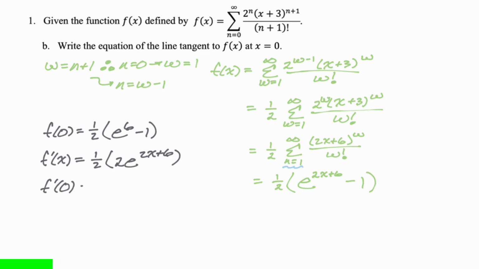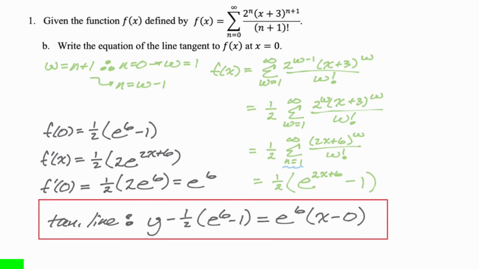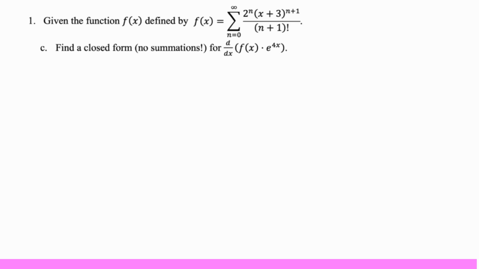If we plug in 0, we just get 1/2 times 2e to the 6th, which is an enormous slope, e to the 6th. This thing is insane. It's almost vertical at this point. And then we would just write our tangent line, which is y minus the y value, f of 0, equals the slope, f prime of 0, times the quantity x minus 0. There you go. Let's take a look at the next part.